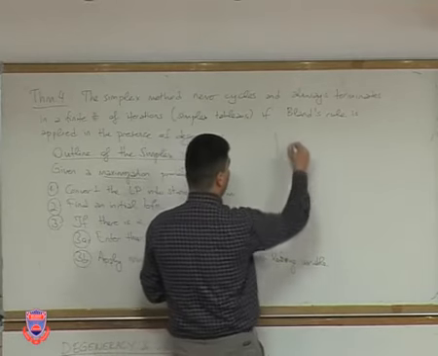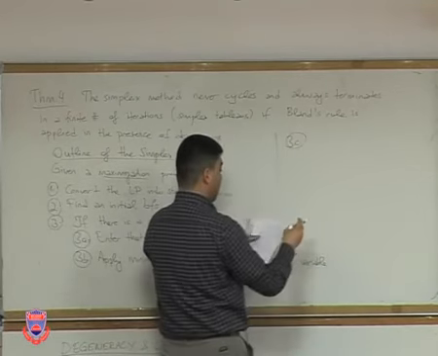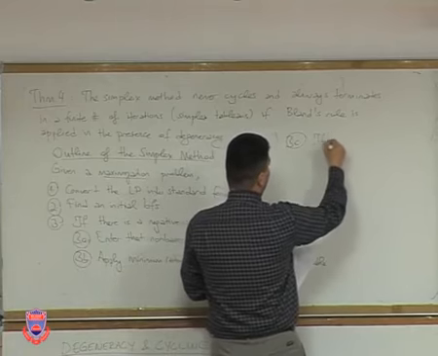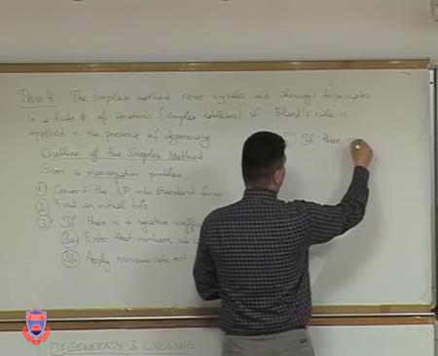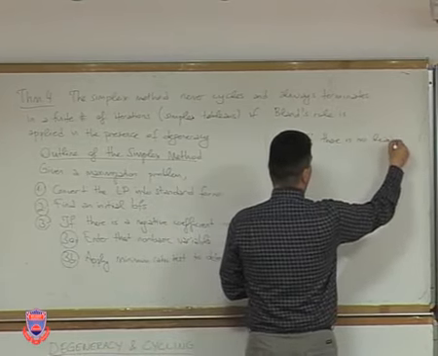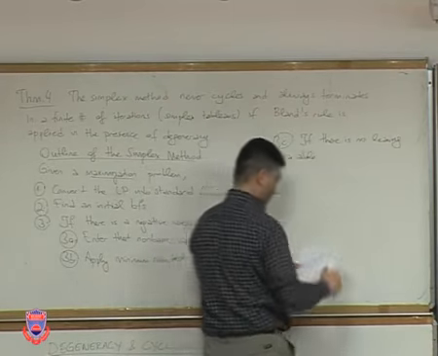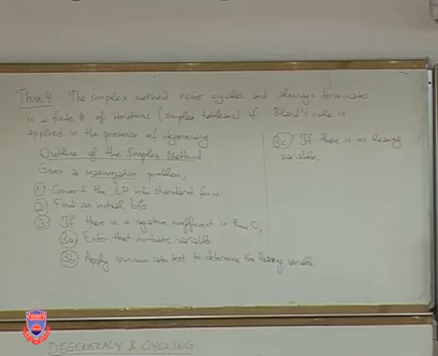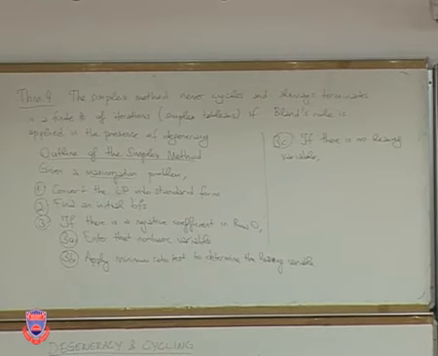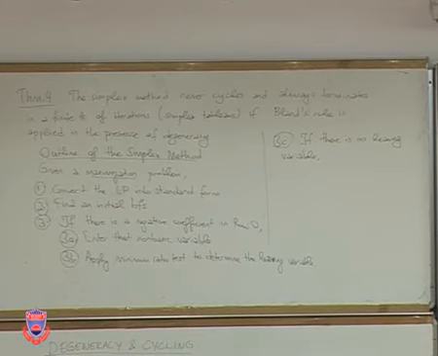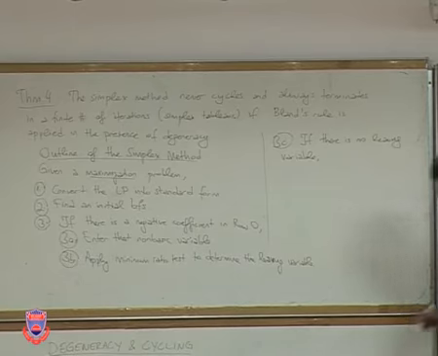So in 3C, if there's no leaving variable, then what do I conclude? So suppose that there's a negative coefficient in row 0, but there's no leaving variable. We've seen this before, so then the problem is unbounded, exactly.